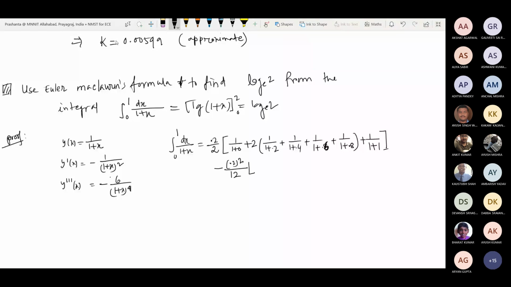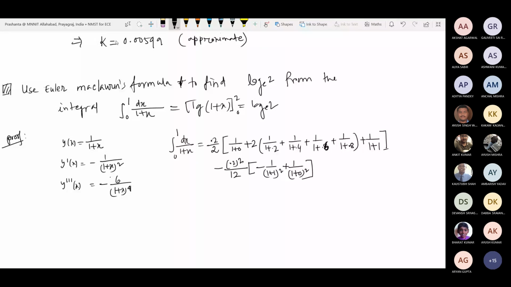First derivative at 1 will be minus 1 by 1 plus 1 whole square, minus the first derivative at x equals 0, so minus minus plus 1 by 1 plus 0 whole square.